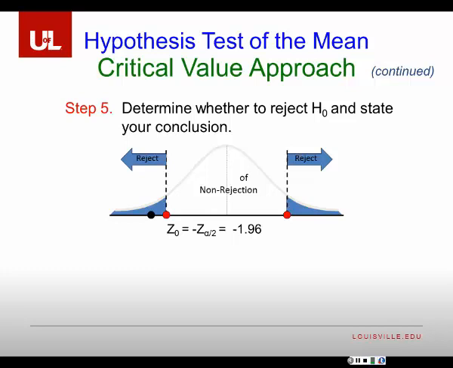In other words, if I find the probability of my observed z from minus infinity up to that point, is it greater than or less than the alpha amount? If it's greater than the alpha amount, it implies that we must be on this side of the rejection region. If it's less than the alpha amount, it implies that we have to be inside the rejection region. So if I tell you that the p-value is 0.01 and our alpha was 0.05, that implies the z must be in those tails.